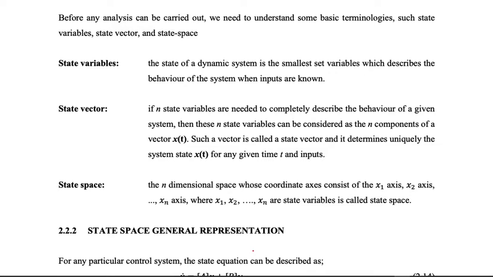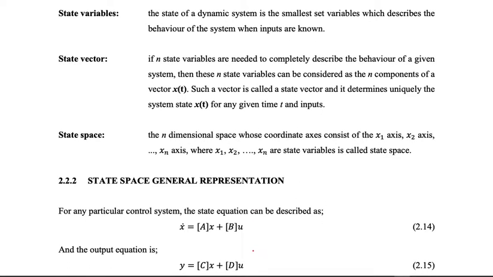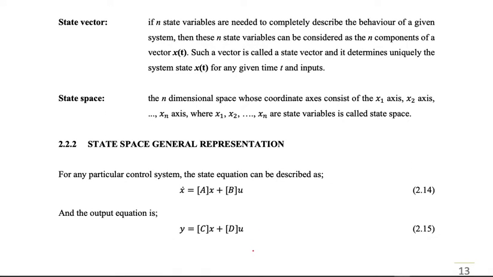Normally the state space representation is illustrated in two important expressions. The first one is equation 2.14 and the second one is equation 2.15. The first equation is known as the state space equation.